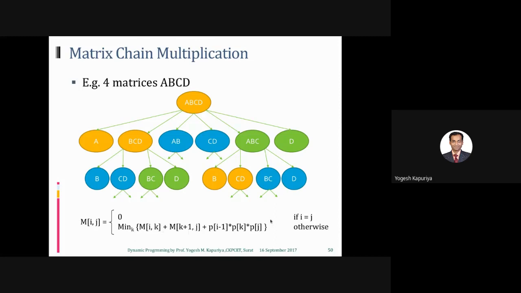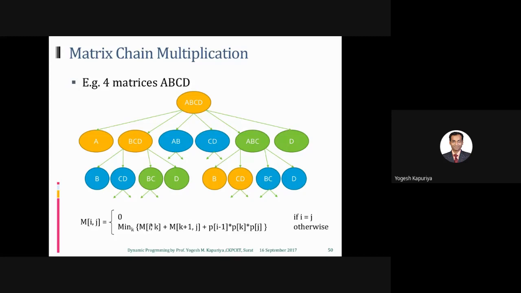That means it will start with i plus 1 and go till j. That is what we mean by the value of k. Every time, what you are looking at is the number of multiplications required for the first component, the number of multiplications required for the second component, plus there will be some dimension of this component.